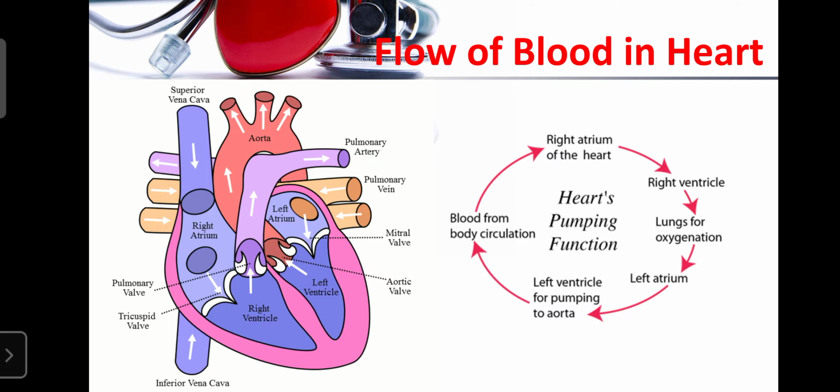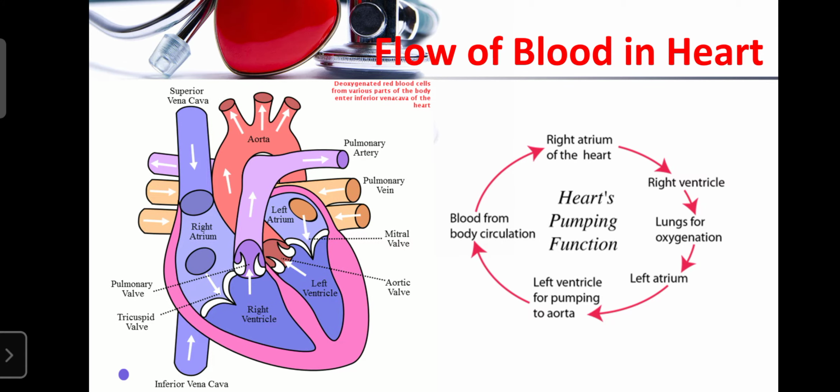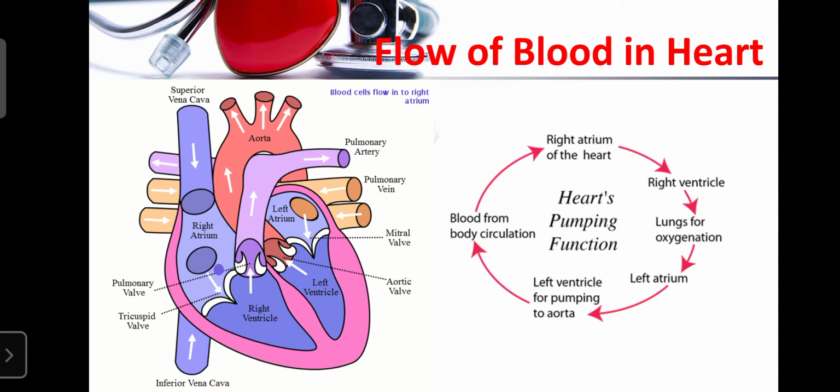Next we learn about the flow of blood in the heart. The inferior vena cava collects blood from the inferior part of the body, and the superior vena cava collects blood from the upper part of the body. It drains into the right atrium. From the right atrium it enters the right ventricle.